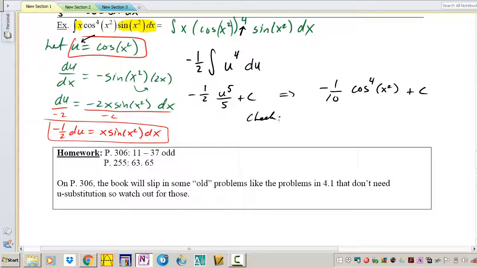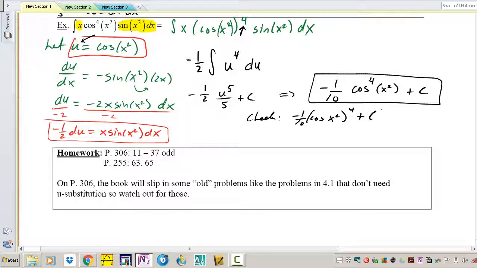This one I will provide a check for you. So let's go ahead and do the check. This is your answer right here. So make sure you have that boxed. I'm going to rewrite this like this, and then let's do our check.